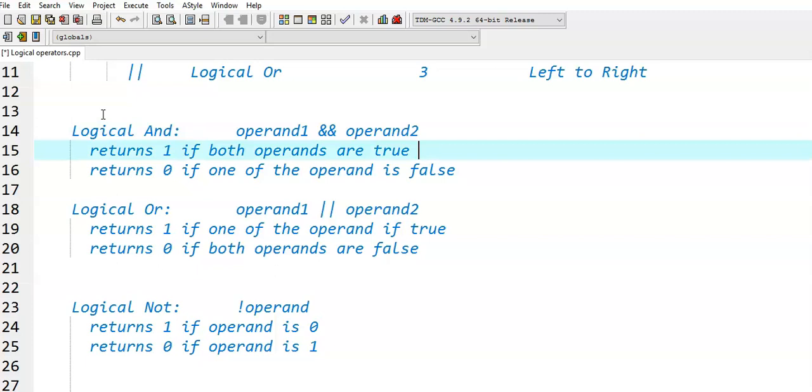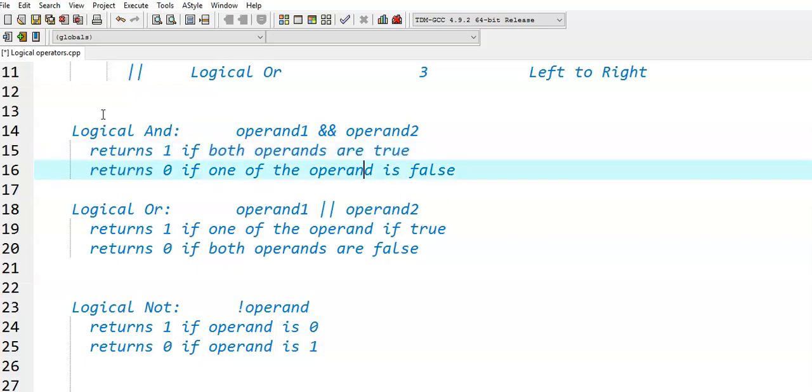Now what is the resultant value logical AND gives? It returns 1 if both operands evaluate to true. That means if both operands give value true, then it gives true value, that is 1. If any one of the operands is false, then it returns 0.